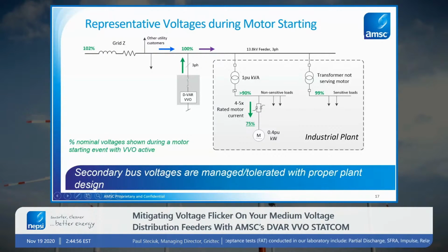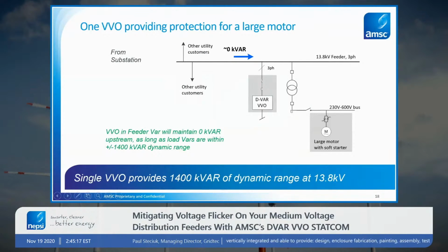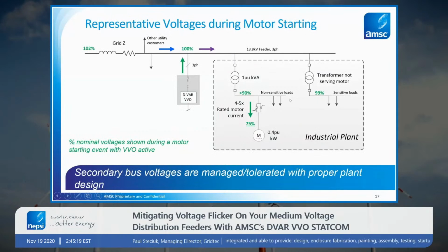A couple of points on the secondary voltage. In our experience, if you're above 90%, there's typically no issues on that bus. If there are other sensitive loads on that bus, it's generally very cost effective to simply move them over to a protected transformer that does not have motor loads on it. You can see the ratio here is 1 per unit transformer to about 0.4 per unit motor.